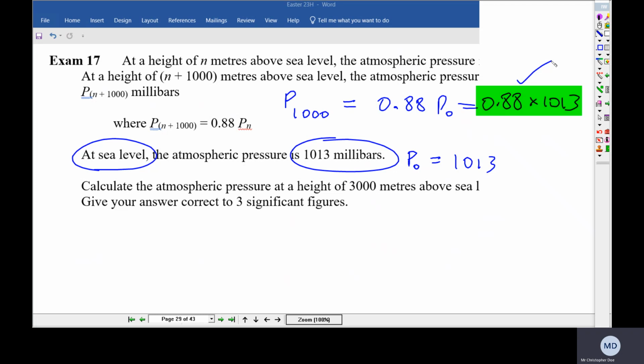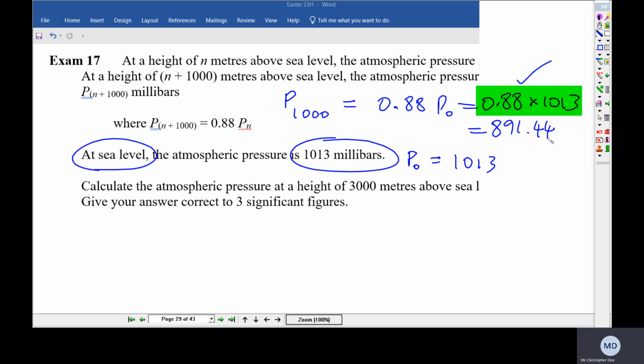The mark scheme tells me it's 891.44 millibars of pressure. If somewhere you have written down 891.44, that's the mark. So for some of you, that's 1 mark more than you got already.